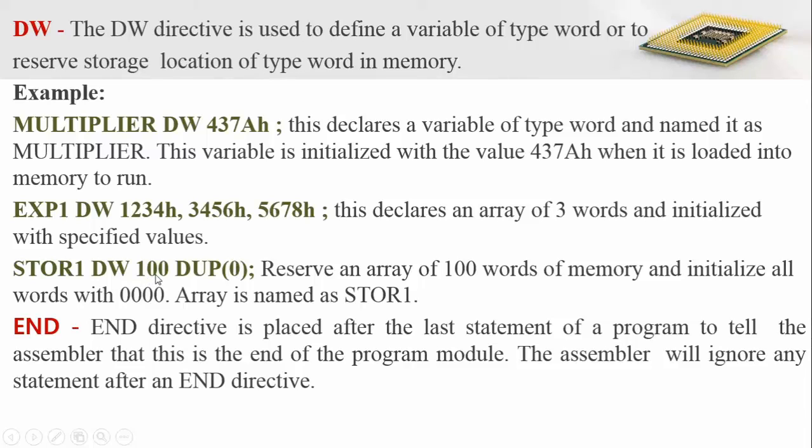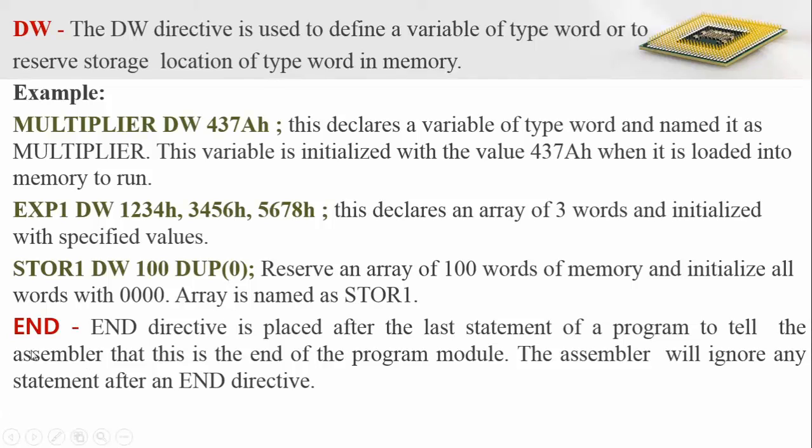Allot 100 words in our memory, and these 100 words are initialized with the value 0 which is present inside this parenthesis. 100 words means a total of 200 consecutive bytes are allotted, and as a whole it is named STOR1. This is a user defined name assigned to the 100 words, and each of these words is initialized with the value 0.